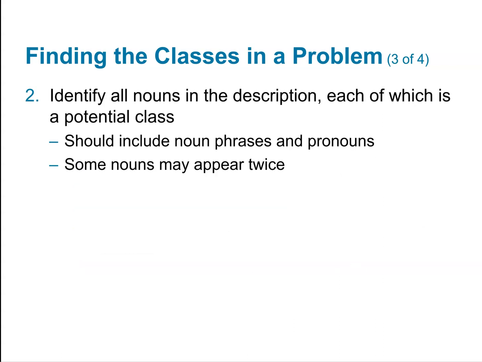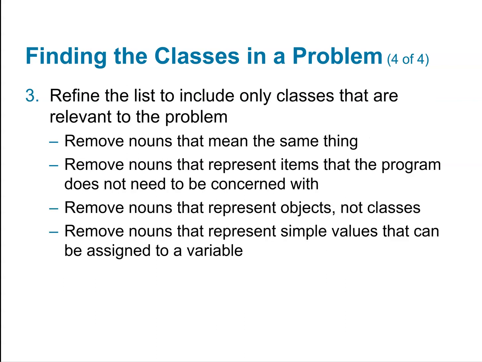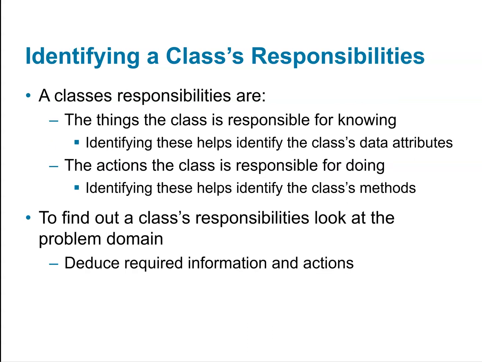Then we should find all the verbs, which will then tell us the methods in the class. Okay? We should always make sure to identify the class's responsibilities clearly. Okay? And telling us what is in and what is not in the class.